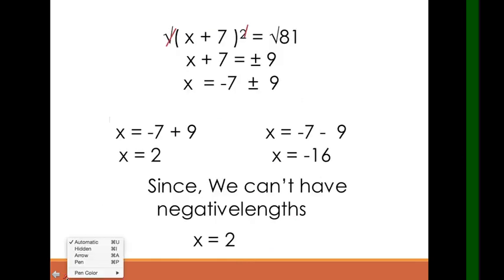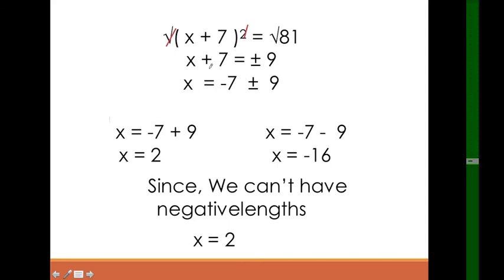So, after natin i-square root, ayan, na-cancel itong squared and then yung 2. And I believe you know why, 'di ba? Sa kung babalikan mo yung radical expression. And now, we have x plus 7 equals 81. What is the square root of 81? That's positive negative 9. So we have x plus 7 equals positive negative 9.